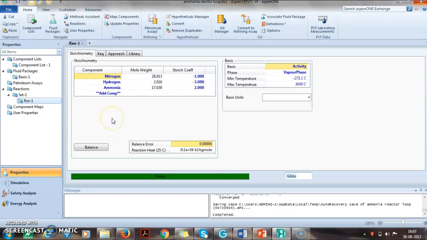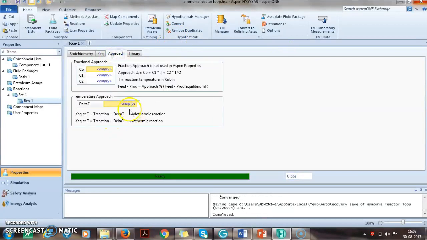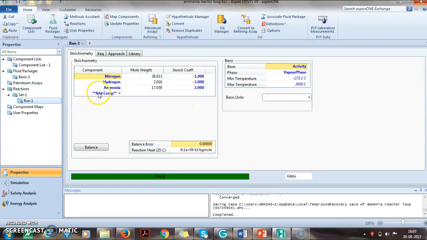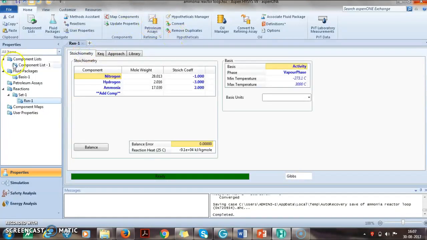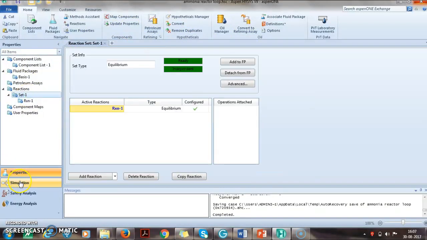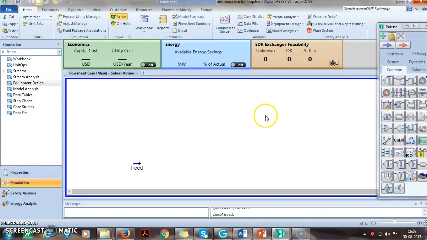No other compounds are added as they are inerts, and the approach is set to 0. The default way of calculating the equilibrium constant is based on the Gibbs free energy, which is available in HYSYS. So the reaction is also properly fed. Let us go back to the simulation. This is the feed which we already have.